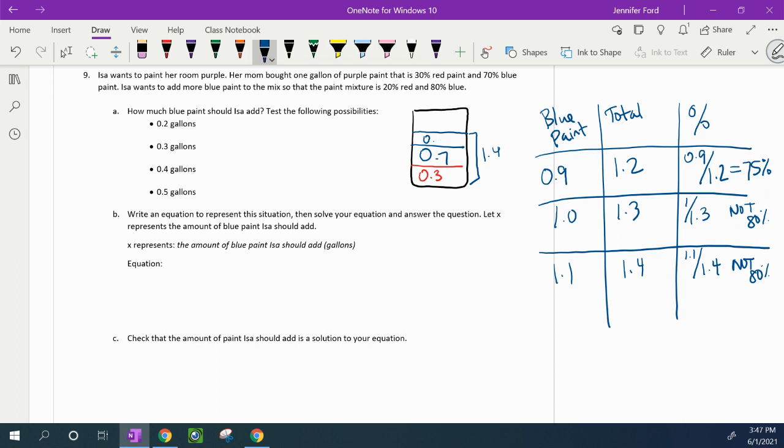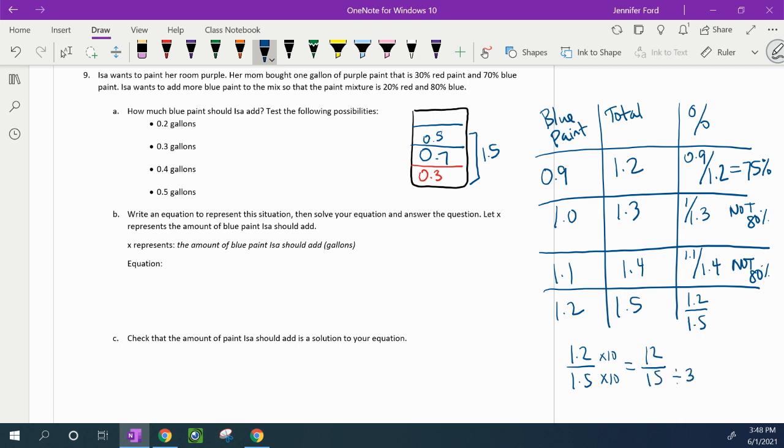And then the last one, I really should make this a little taller now. If I add half a gallon, I end up having 1.2 gallons of blue paint. I have 1.2 gallons of blue paint, 1.5 gallons total. And if we do the math on this one, 1.2 divided by 1.5 is the same thing as 12 divided by 15.